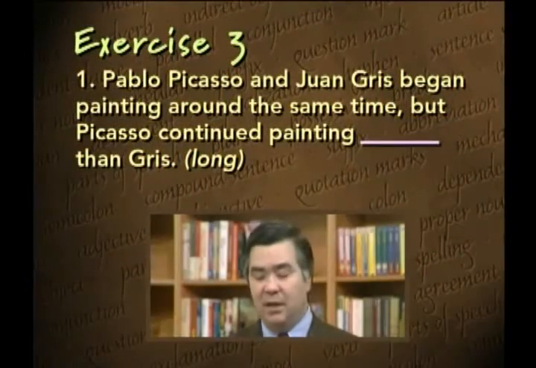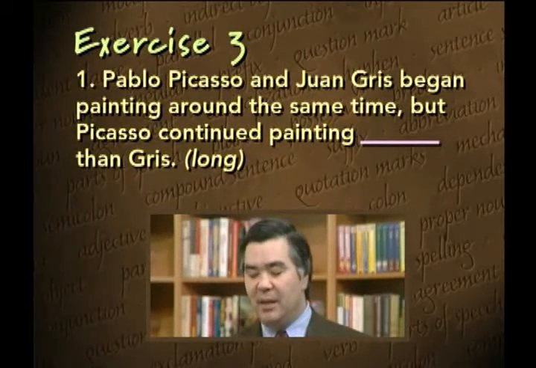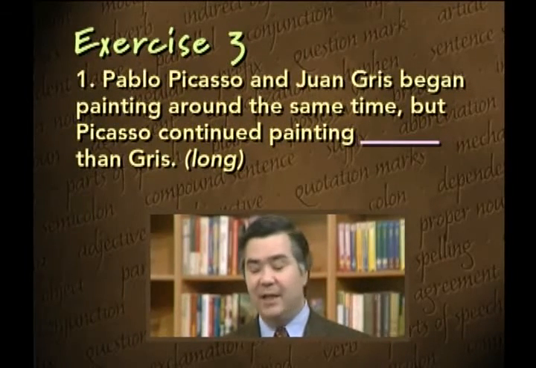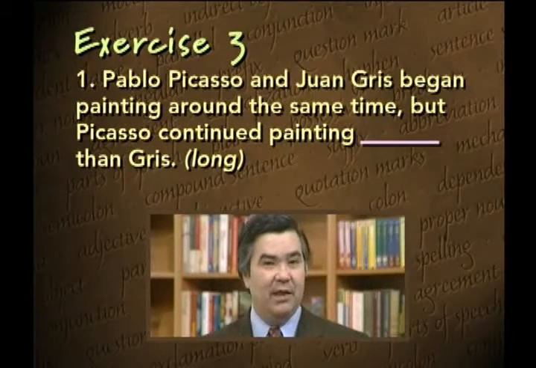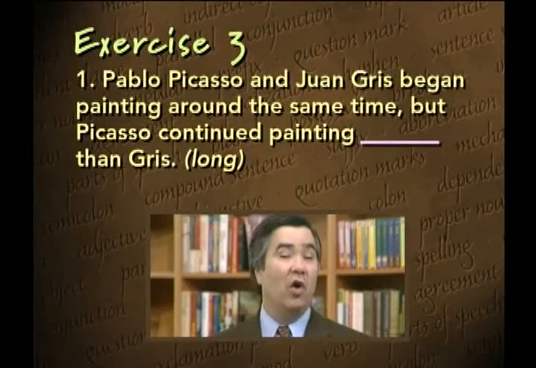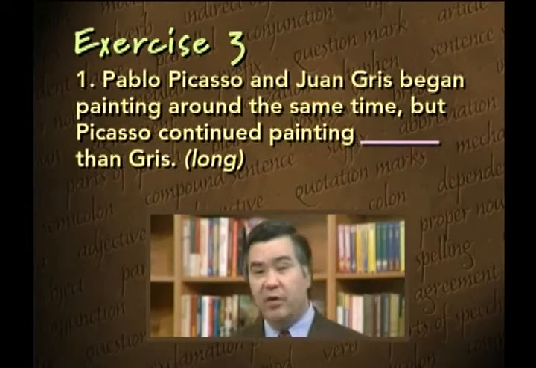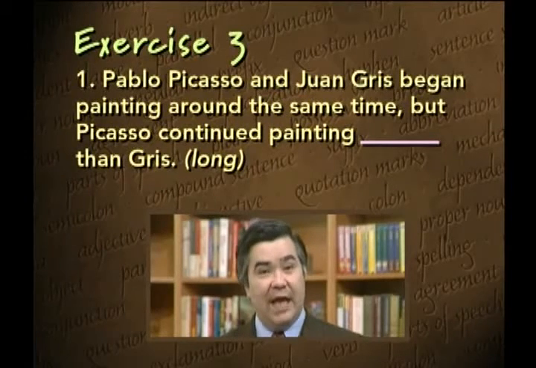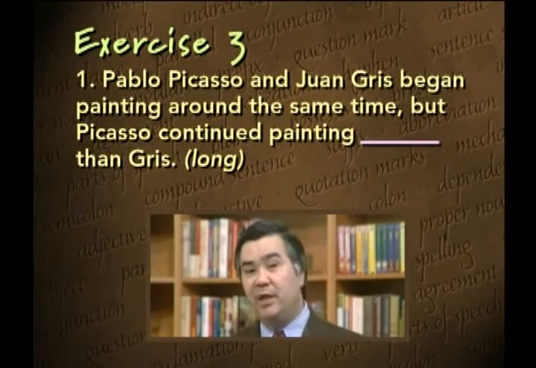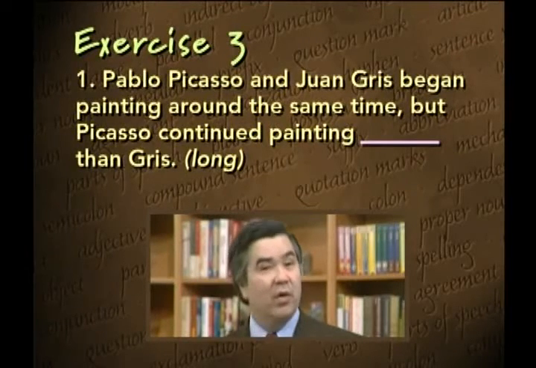First example. Pablo Picasso and Juan Gris began painting around the same time, but Picasso continued painting blank than Gris. And the positive form of the adverb that we want appears at the end, long. So the first question is, do we want the comparative or superlative form of the adverb? And as you know, the distinction between comparative and superlative is based on whether we're comparing two things or more than two.